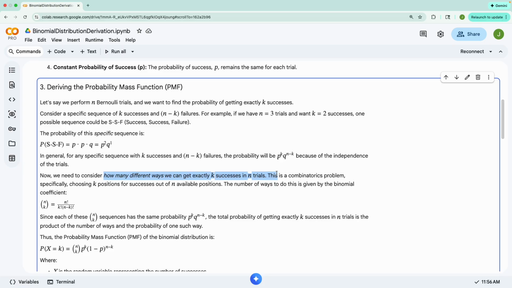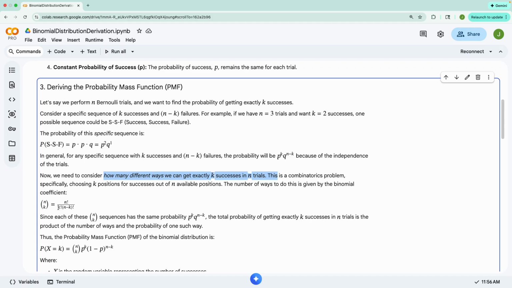The number of ways that we could do this is given by n choose k. So in the case of tossing a coin 3 times, where we want the probability of exactly 2 heads, n choose k would be 3 factorial divided by 2 factorial times 1 factorial.